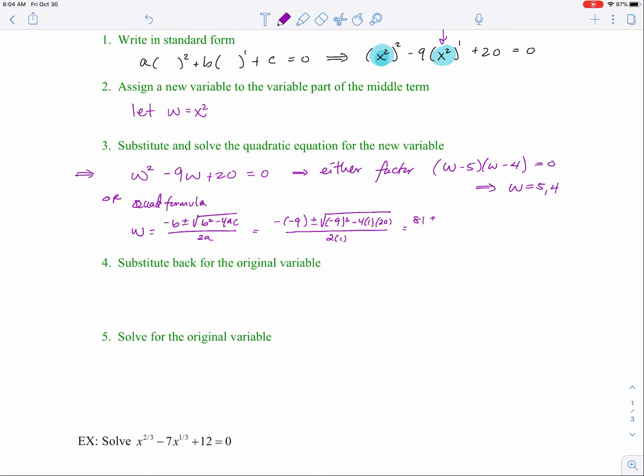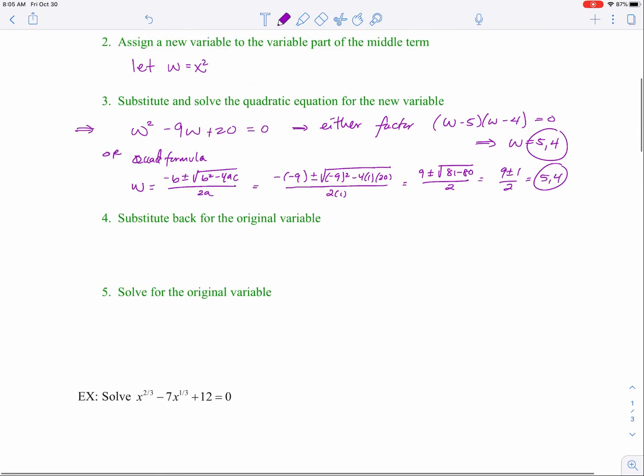Sorry, my bad. That is 9 plus or minus the square root of 81 minus 80 over 2, which is 9 plus or minus 1 over 2, which is 5 and 4. So we see that we get the same values either way. And you could even complete the square there, although I don't have enough room.